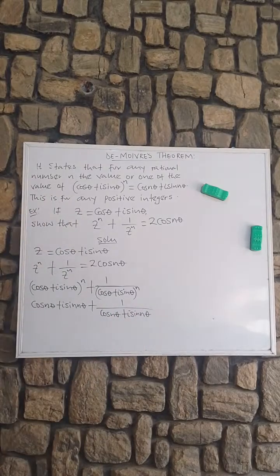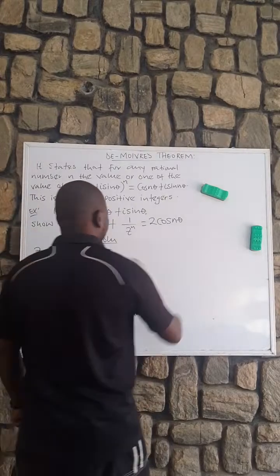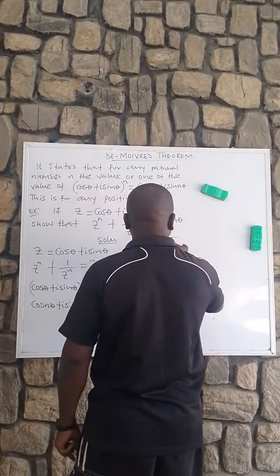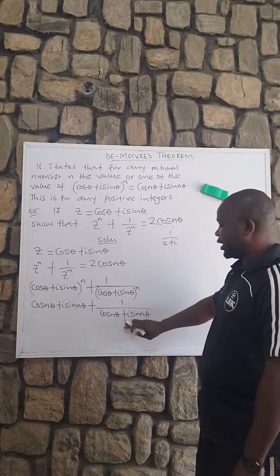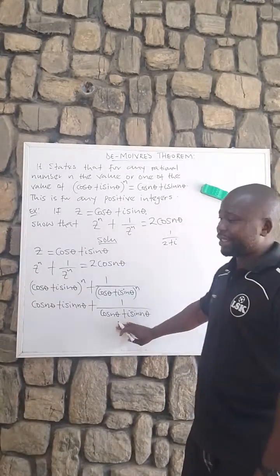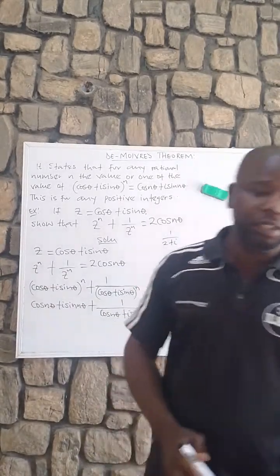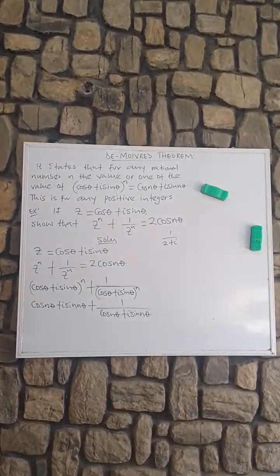Okay, so now we are going to do something here. You remember when I explained 1 all over 2 plus i, true or false? If you compare this and this, they are almost the same thing, isn't it? Any question? Do you have any question? No. It's true, right?